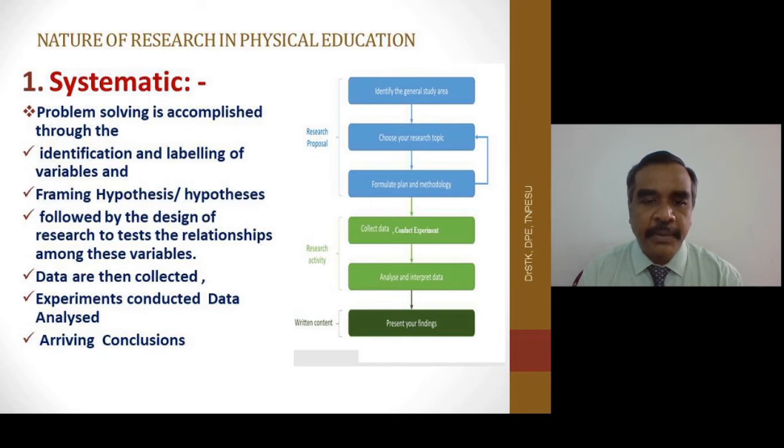Then the experiment can be conducted. After that, the post-test will be conducted and the data will be analyzed with the proper statistical procedure. Then you are arriving at a conclusion. So these are the systematic procedures involved in most of the research conducted in the field of physical education. So the research must be systematic.